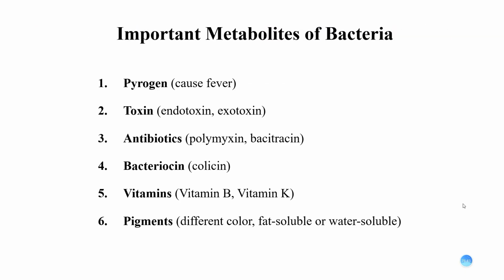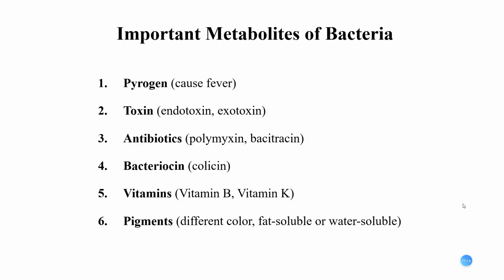And when we culture the bacteria, they are able to produce a lot of types of molecules. Like they are able to produce pyrogen. So that's the molecule which can cause fever. And they are able to produce different types of toxins, including both endotoxin and exotoxin. We'll talk about this in detail in future. And some of them are able to produce antibiotics.